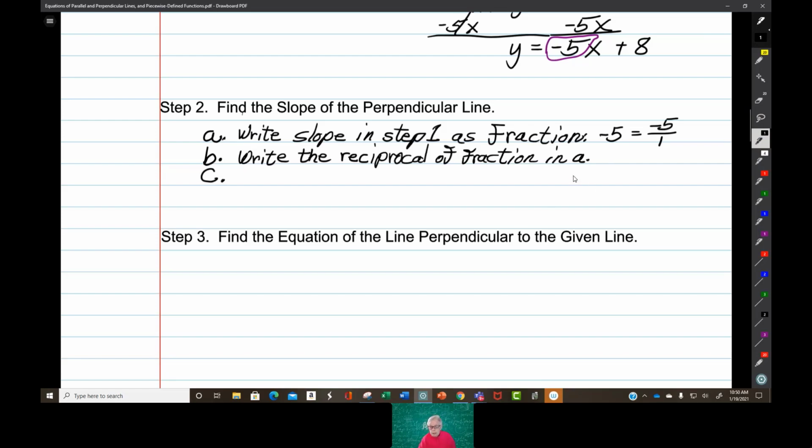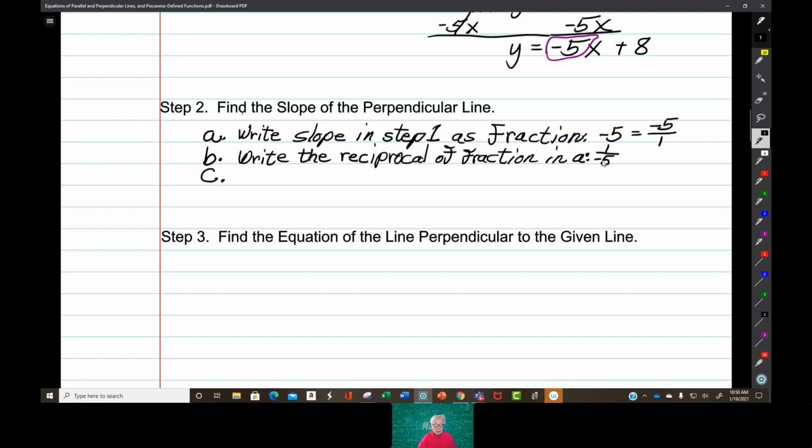So that's going to be 1 over negative 5. The reciprocal of the fraction in A is 1 over negative 5.